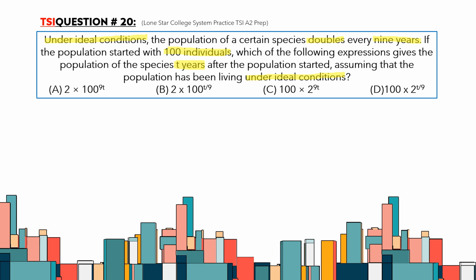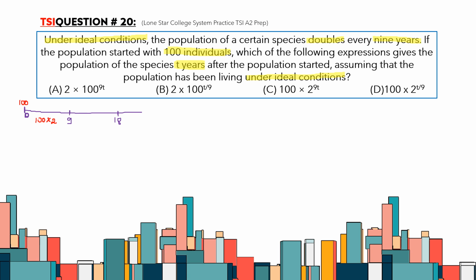So for example, if we start at 0 here, the time is 0. It starts right here, and then this is 9 years, then this is maybe 18 years. We start with 100 individuals. After 9 years, we will have 100 multiplied by 2.